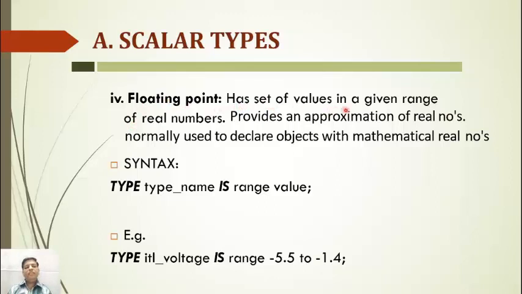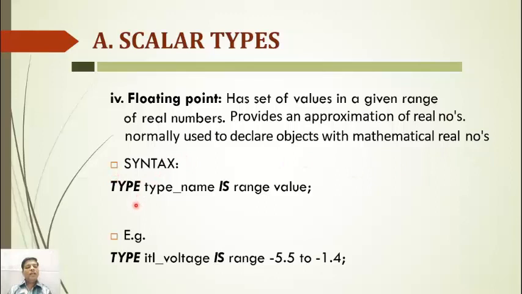Floating point has a set of values in a given range of real numbers. It provides an approximation of real numbers, normally used to declare objects with mathematical real numbers.